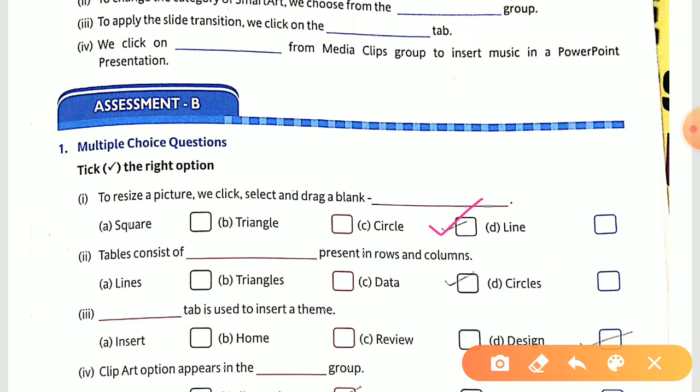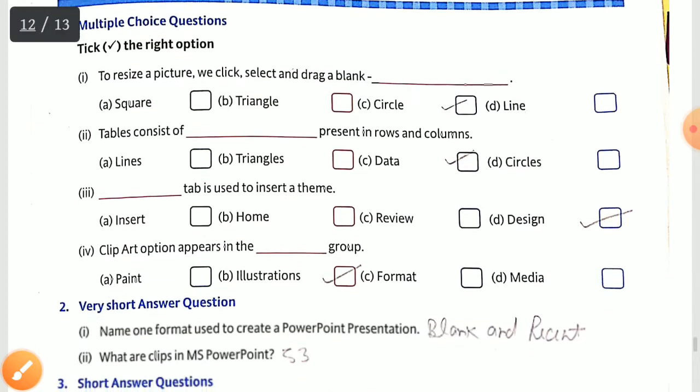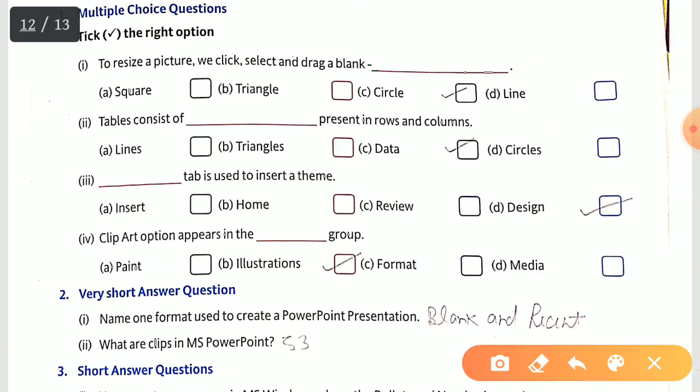Table consists of dash present in rows and columns. Again the answer is your C part, that is data. See the third one. Dash tab is used to insert a theme. The answer is D part, design. For the last one, clip art option appears in the dash group. The answer is B part, illustration.